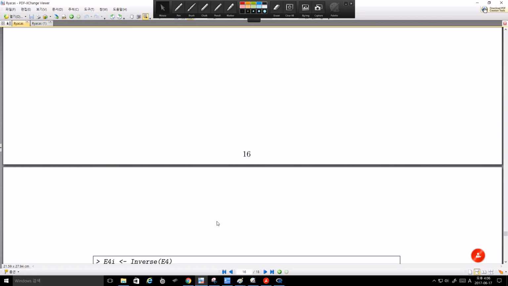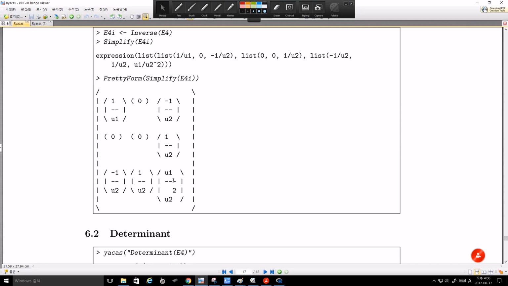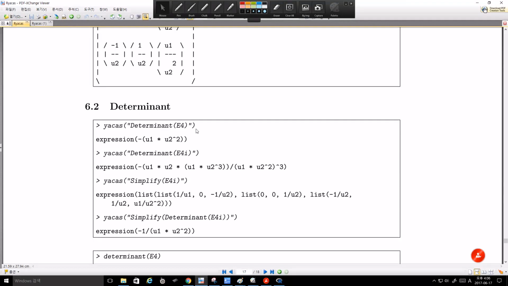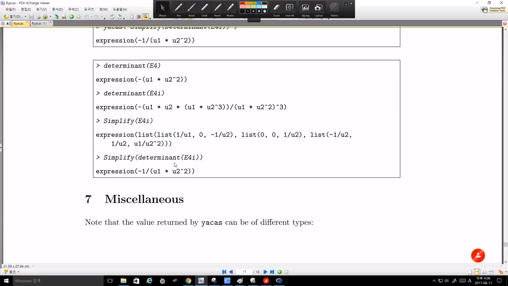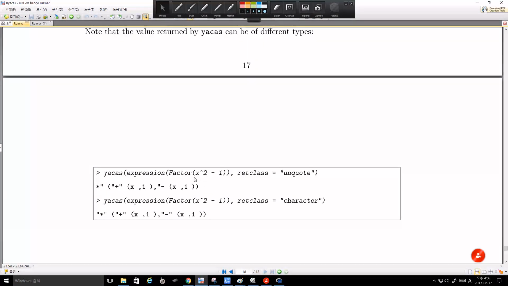Pretty form, and then inverse matrix and a determinant. We can calculate the matrix determinant. Determinant of E4, and then other miscellaneous factors, unquote. We can see the answer without unquote, and character. We can see the character.